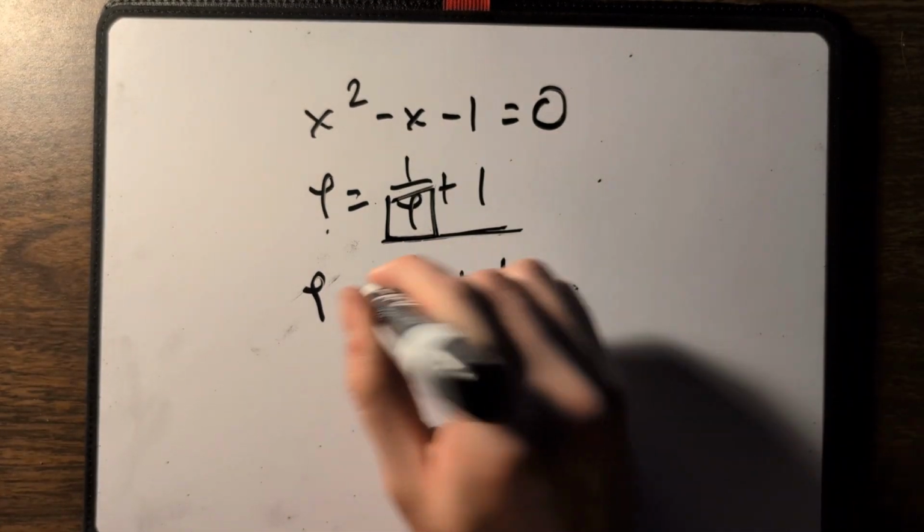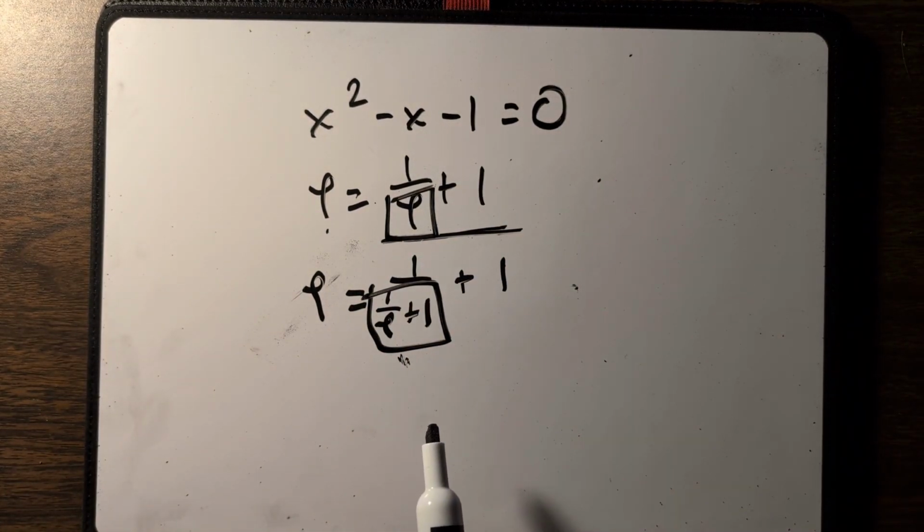This box replaced with this box, because phi equals this whole thing.